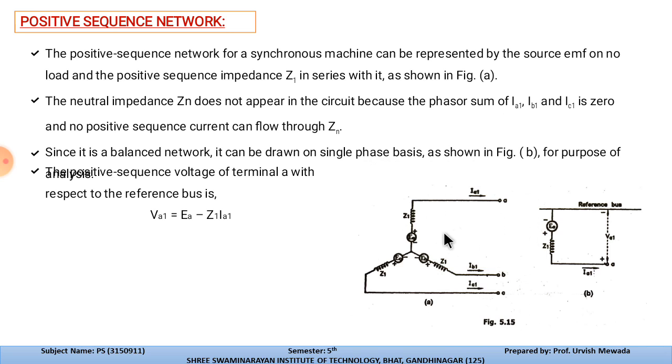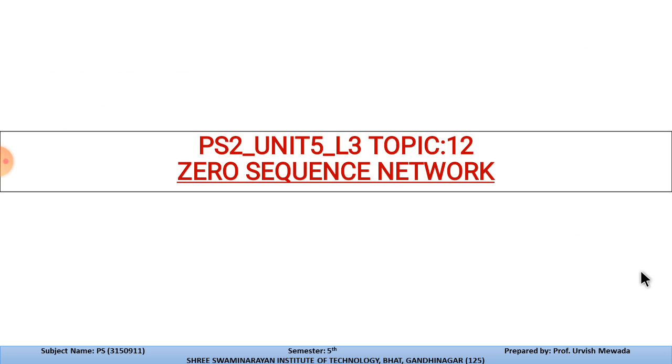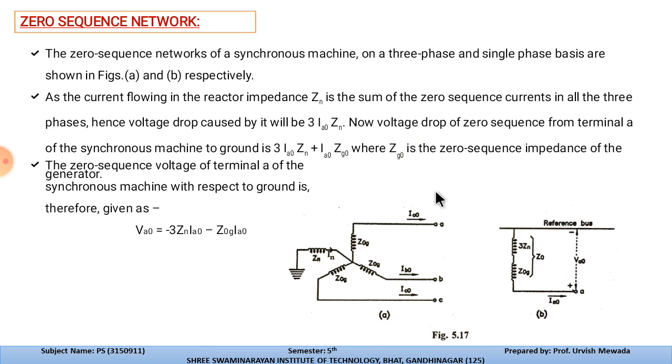That's why Zn is not drawn here. Since it is a balanced network, it can be drawn on a single phase basis. So this is the single phase diagram of the given system, and the sequence voltage that we have determined is Va1 equals Ea minus Z1 Ia1. This is how we can solve the positive sequence network whenever we are solving the sequence impedance of any system.